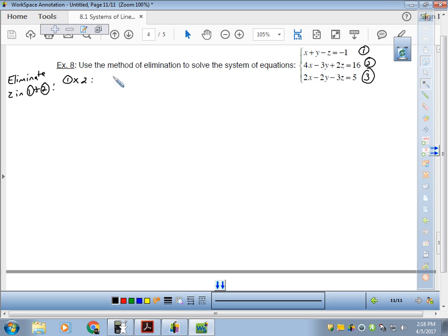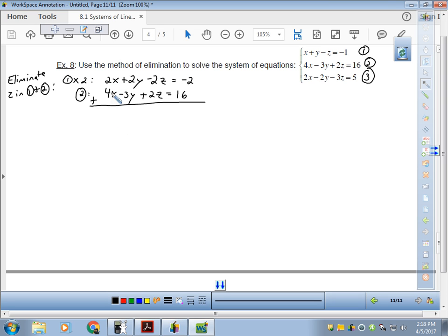So 2 times x is 2x. 2 times y is 2y. 2 times -z is -2z equals 2 times -1 is -2. And then I'm just going to rewrite equation number 2: 4x minus 3y plus 2z equals 16. And then I'm going to add those together.